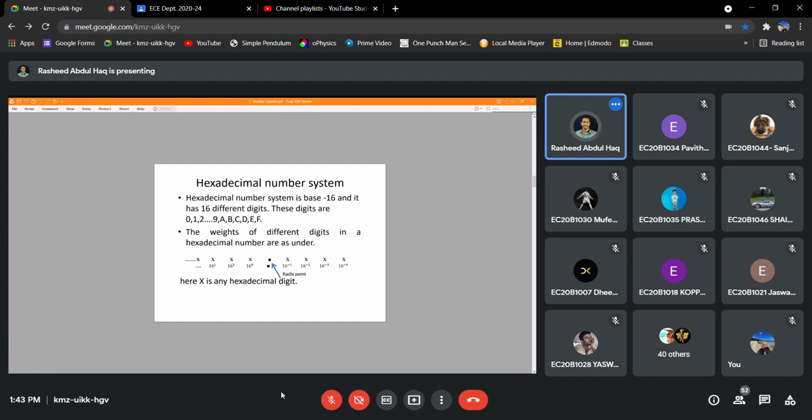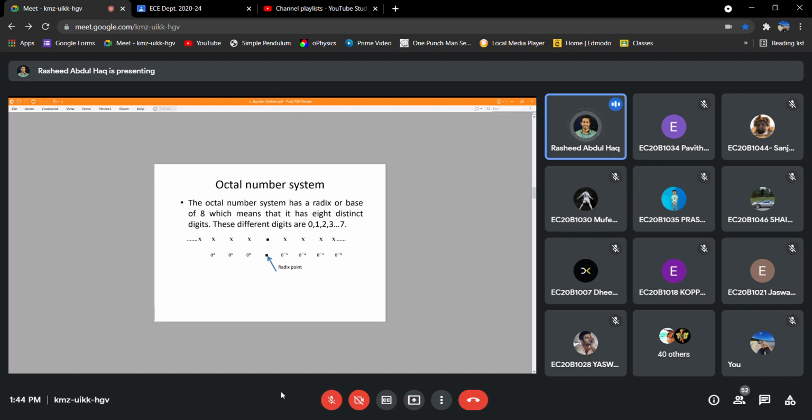So it is 0, 1, 2 to 9, and then A, B, C, D, E, and F are used. To represent numbers in a similar way to decimal and binary, we use the same weights. Here the weight will be 16, so any number we have, we multiply it by 16 raised to 0, 1, and so on. We will work out many examples of the same and clarify these things.